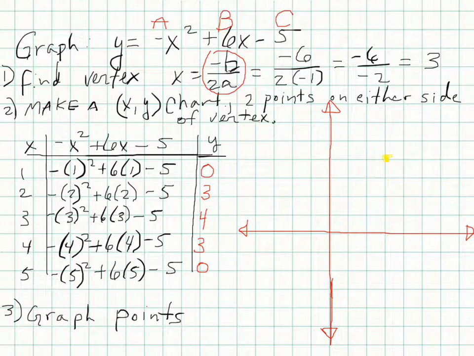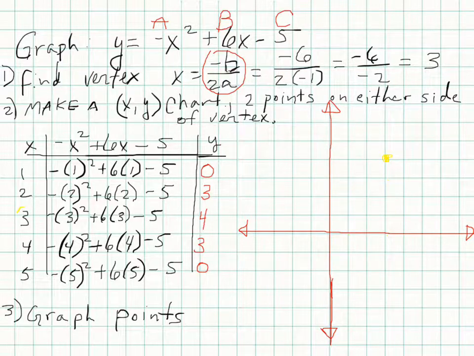Since I know that's the vertex, I'm going to pick two x values on either side of the vertex. I'll see what y is when x is 2, and what y is when x is 1. I'm also going to find out what y is on the right of the vertex, when x is 4 and when x is 5. So let me show you how we did that.